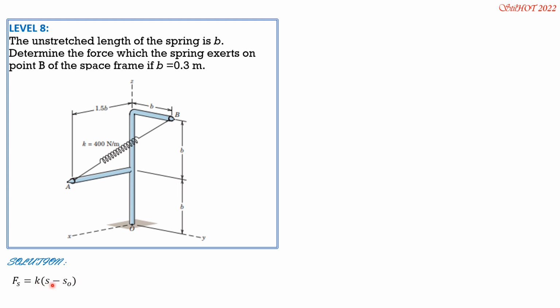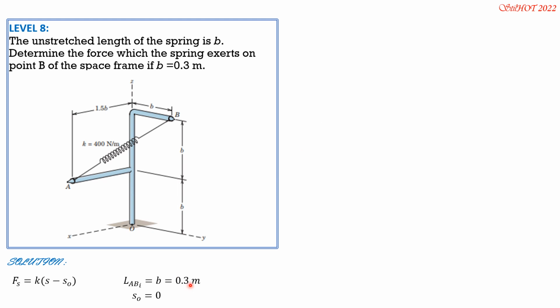Remember, displacement is different from length. The final displacement would be final length of spring minus initial length of spring. That's the meaning of that. So the length of AB initially, b, is 0.3. Therefore, initial displacement is 0 because it is unstretched at that condition.